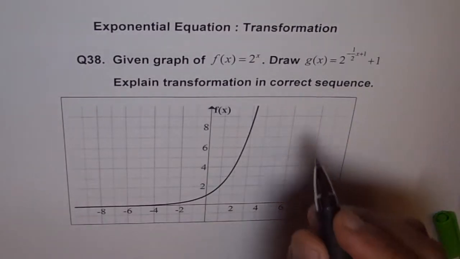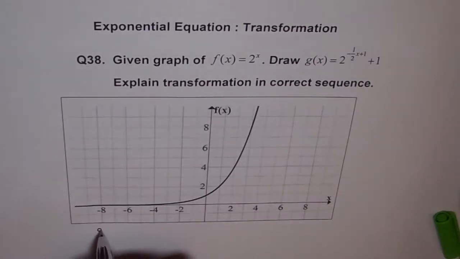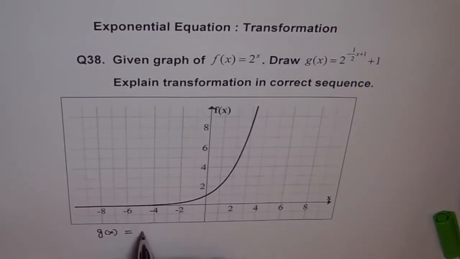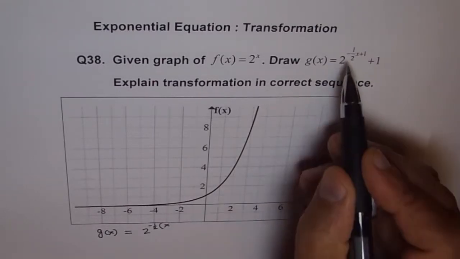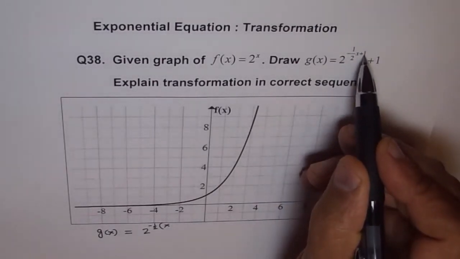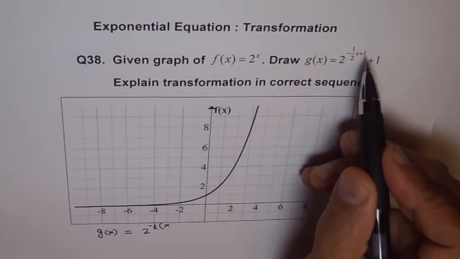So let me write this as g of x equals 2 to the power of, I'll take minus half common, minus half, then within the bracket I put x, and since I take minus half, I have to multiply this by minus 2.